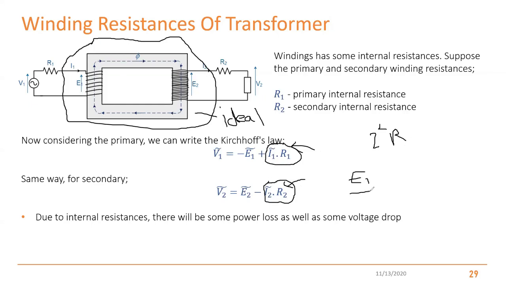So this part, E1, E2, remains the same. E1 over E2 is equal to N1 over N2, and in the same way equal to I2 divided by I1. For this part we can apply these ratios because now we have removed the internal resistance from the system.